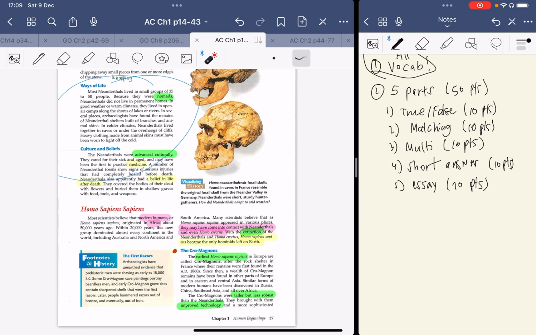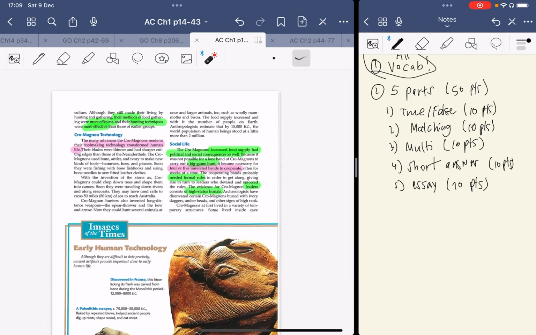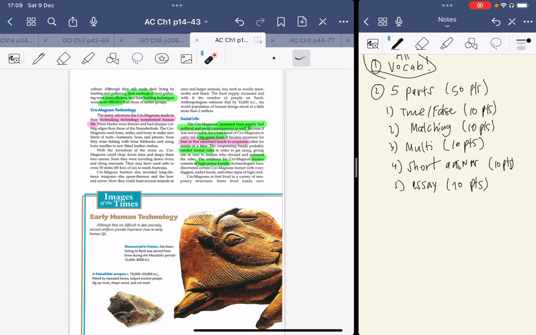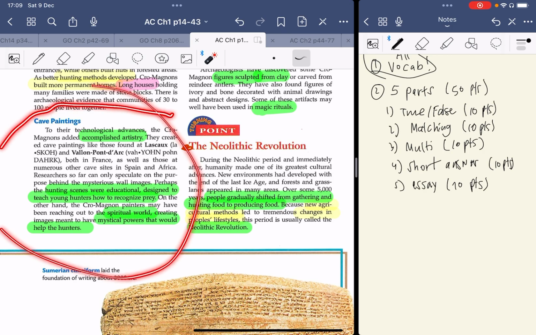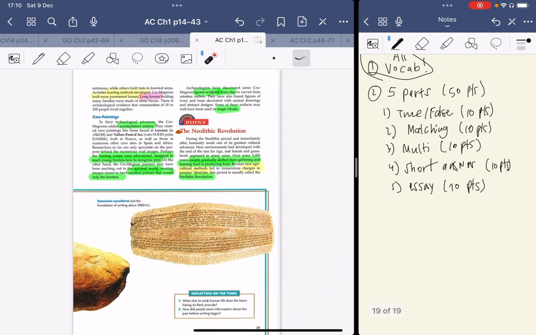Okay. Next, when we talk about the Homo sapiens sapiens, we must know about the Cro-Magnons. So for the Cro-Magnons, you can just focus on my highlights and also this part, especially cave paintings. Okay, so like all of the details of the location, the places, all of these things. Please take a look at that.